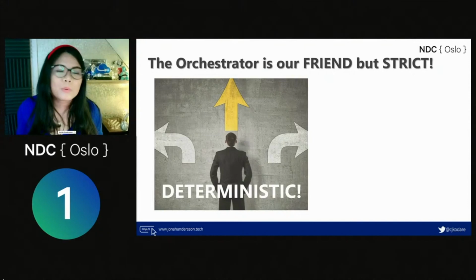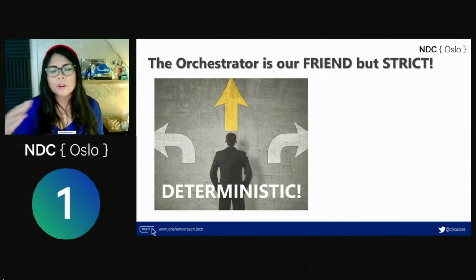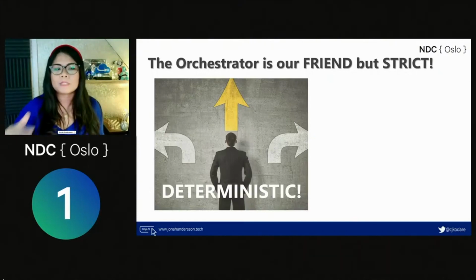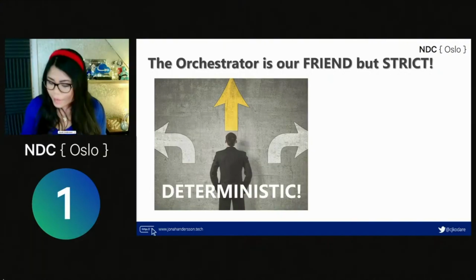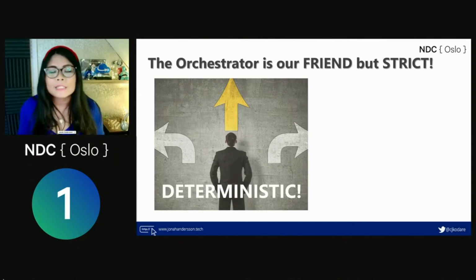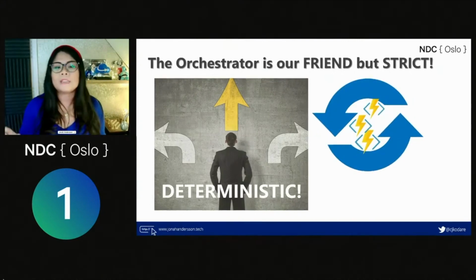Because the orchestrator is deterministic, which means that whatever we write in the orchestrator for our workflow, it needs to be specific and is designed in a deterministic way. And why is that? It's because the entire workflow will be replayed.